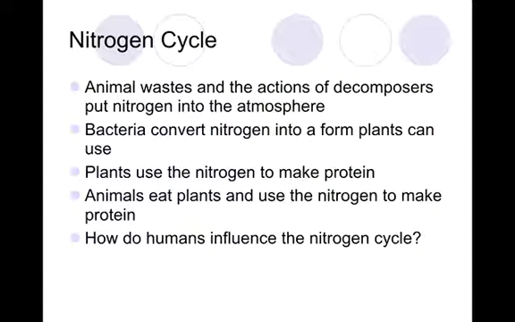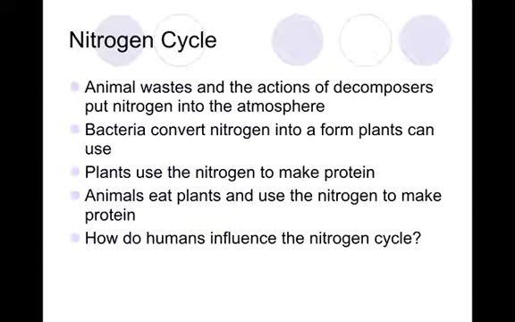Next is our nitrogen cycle, which is really important because plants and animals use nitrogen to make proteins, which is essential to animals living. Our bodies need proteins to be able to function properly. So animal waste and the actions of decomposers put nitrogen back into the soil.